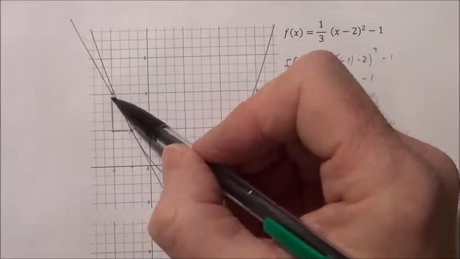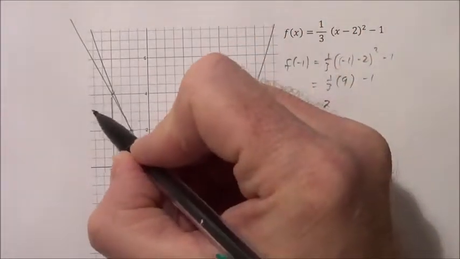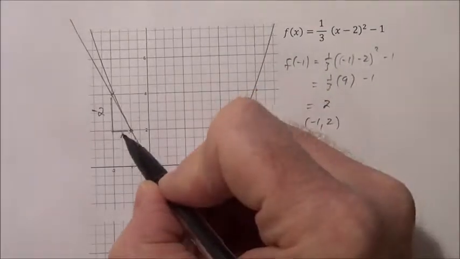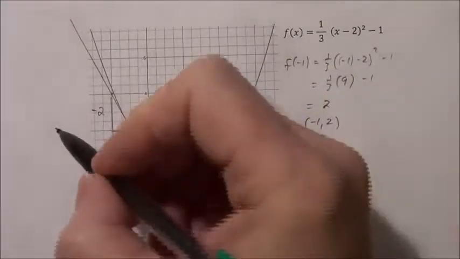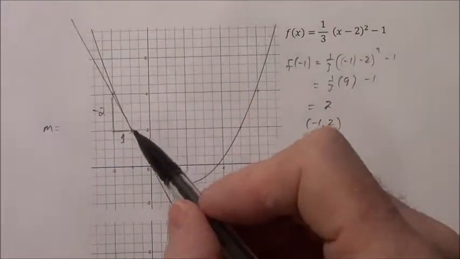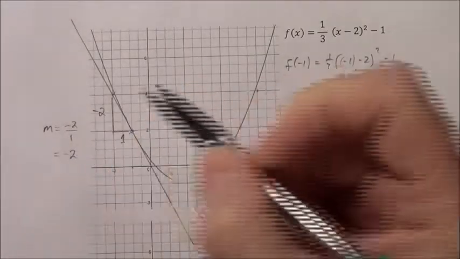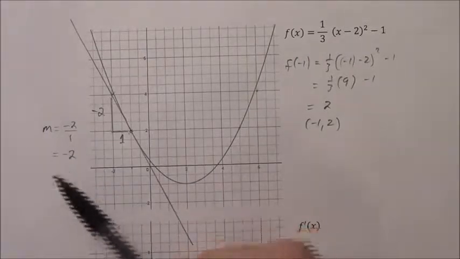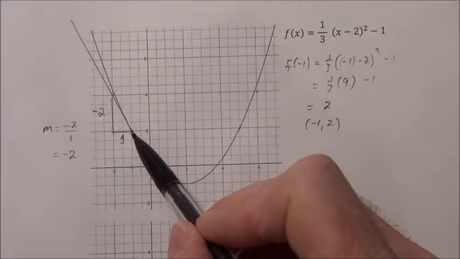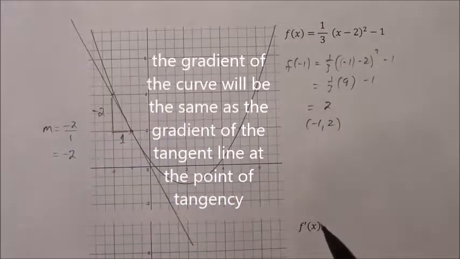So I see here that this y step, this rise, is a change of negative 2, and this run, this x step, is a change of 1. So therefore the gradient of the tangent line at that point is going to be negative 2 over 1, which is just negative 2. And that's also the gradient of the curve at that point, because the tangent line at the point of tangency will have the same gradient as the curve at that point of tangency.